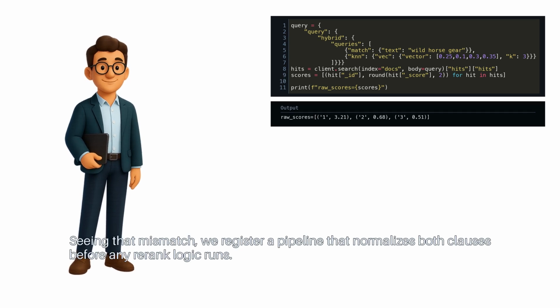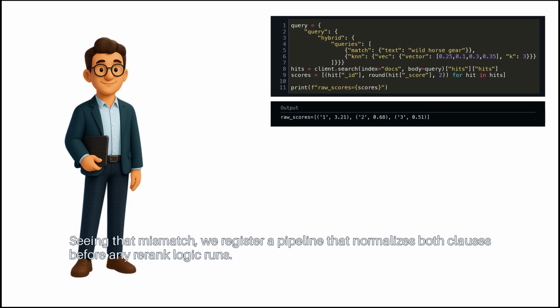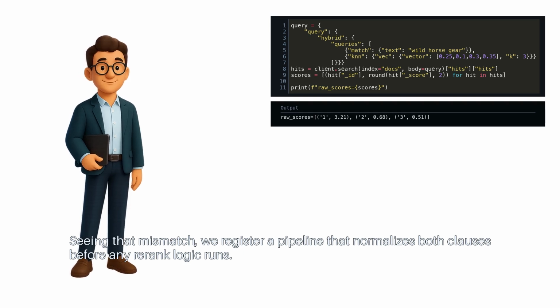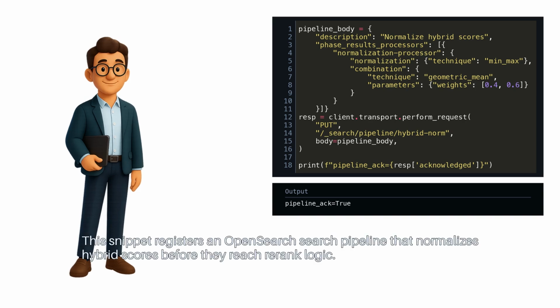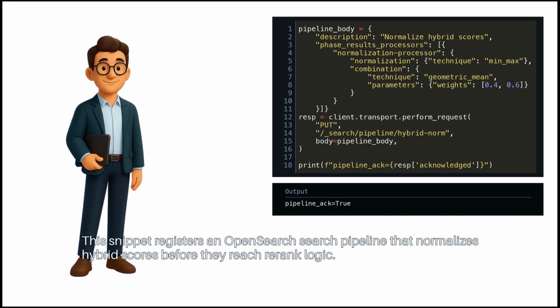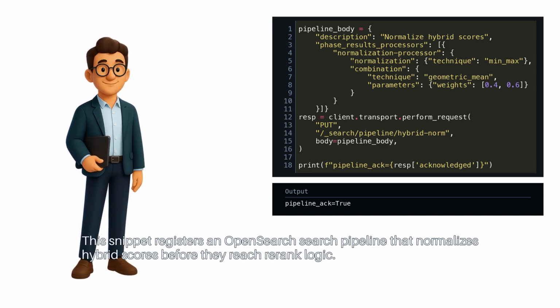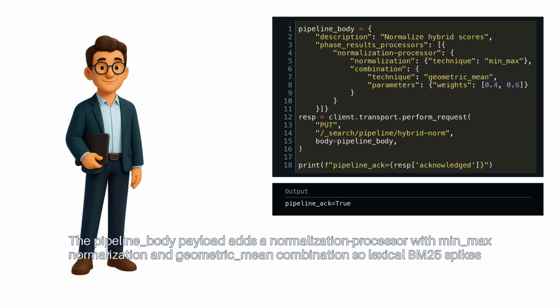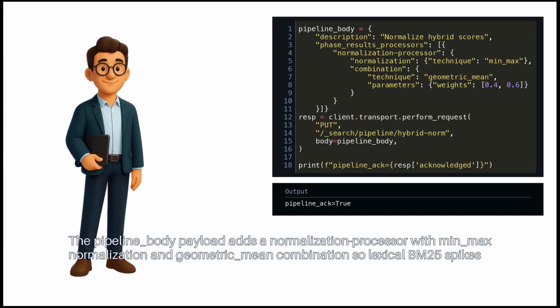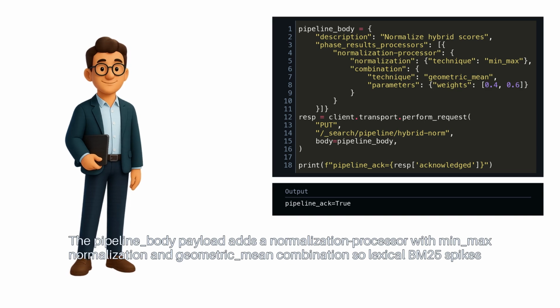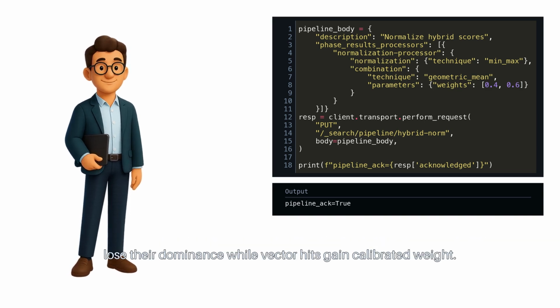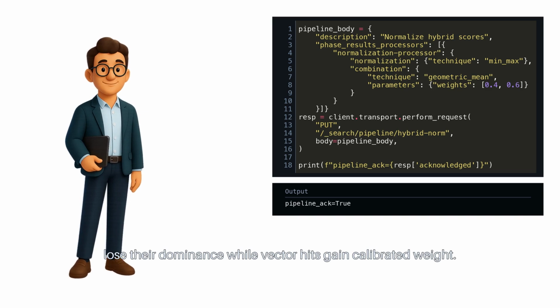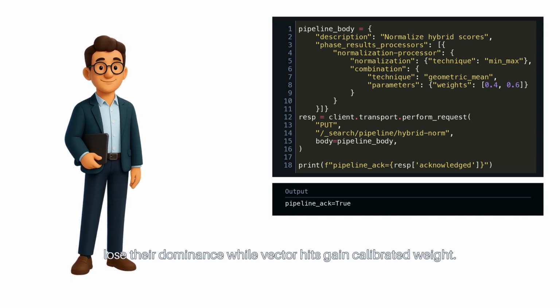Seeing that mismatch, we register a pipeline that normalizes both clauses before any re-rank logic runs. This snippet registers an OpenSearch search pipeline that normalizes hybrid scores before they reach re-rank logic. The pipeline body payload adds a normalization processor with min-max normalization and geometric mean combination so lexical BM25 spikes lose their dominance, while vector hits gain calibrated weight.